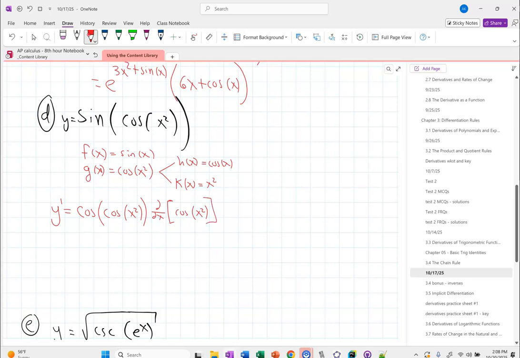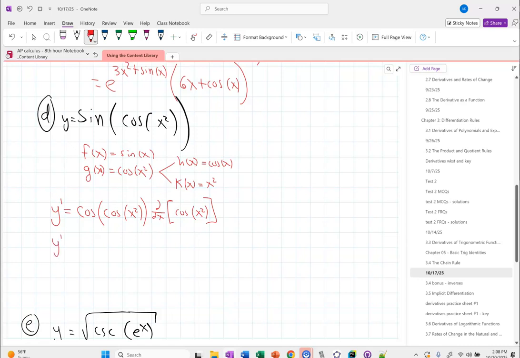So I took the outermost, took the derivative, all the insides come with it, times the derivative of all the insides. Well, how do I do the derivative of cosine x squared? I do another chain rule. So this is a chain rule inside of a chain rule, right?